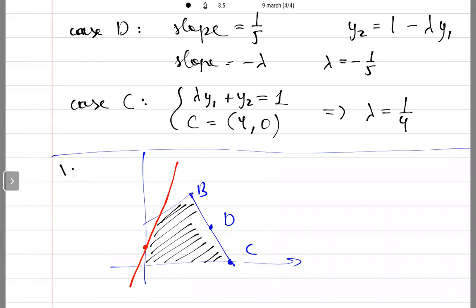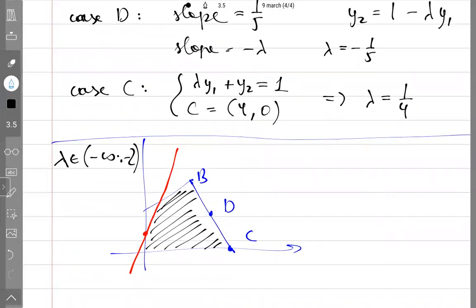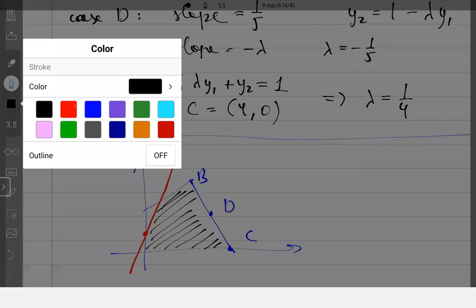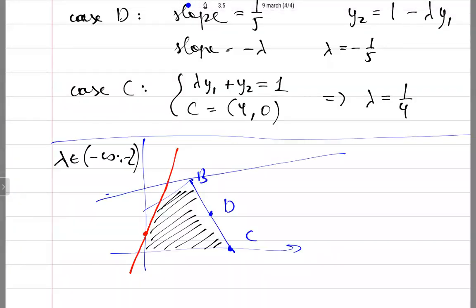Lambda belongs to from minus infinity up to minus 2. And in that case, the optimal will be there. B will be the point of optimum.